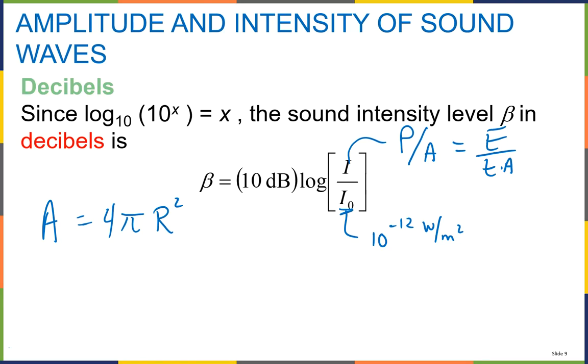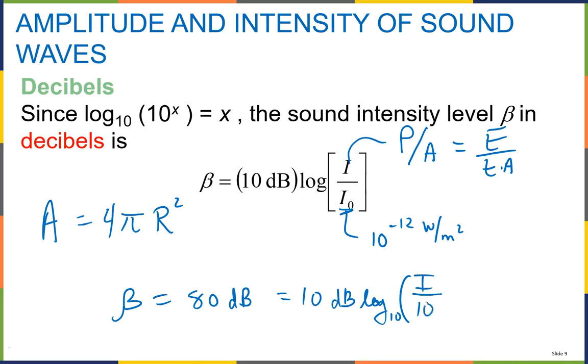Now, let's say that beta is 80 decibels. This is log base 10 if it doesn't say the base. We can calculate what the intensity of the sound is at your location where you're hearing 80 decibels.